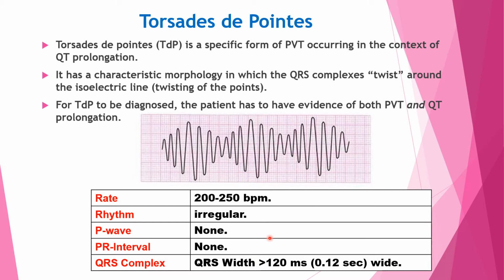The management of torsades de pointes is like polymorphic ventricular tachycardia. If no pulse, start CPR and DC shock according to the cardiac arrest algorithm. But here also we can give magnesium sulfate 1 to 2 gram.